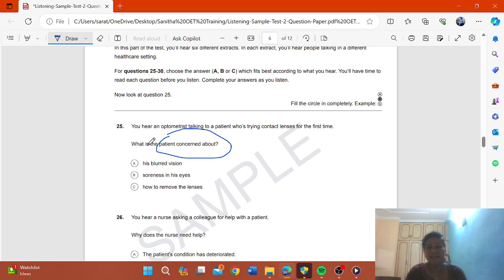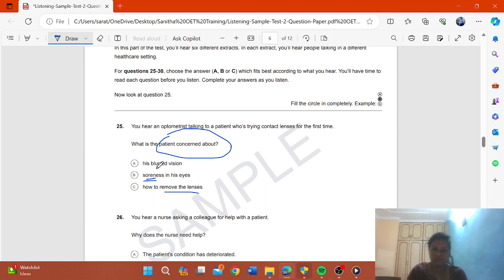And what is the tip I am going to apply here? That is very important. You will hear some of the words which are present in the options, like the soreness in his eyes, remove the lens, or some blurred vision. These are the options given in the passage.